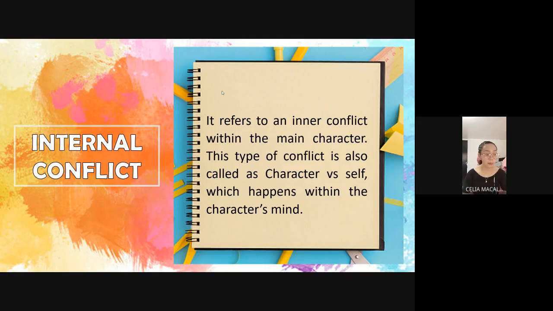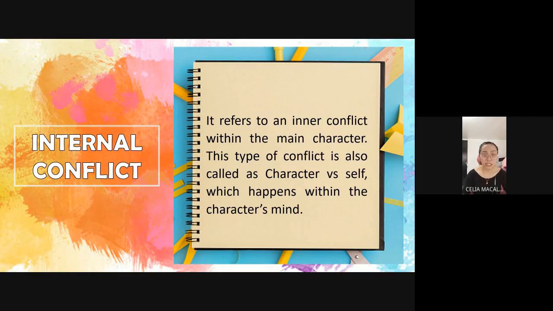Have you ever watched Split, wherein the character has 51 personalities in just one person? One person with 51 personalities. Or I think there is a drama that will be airing on GMA 7, which is about a person with bipolar or two personalities. So internal conflict happens when the main character has a problem of his own.